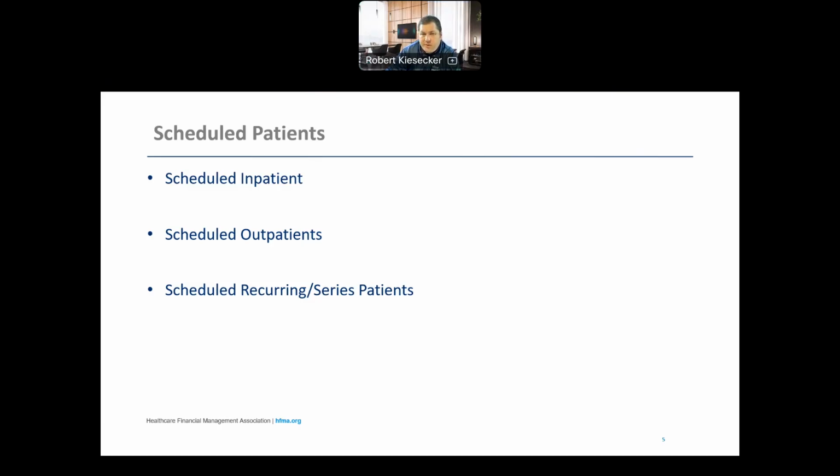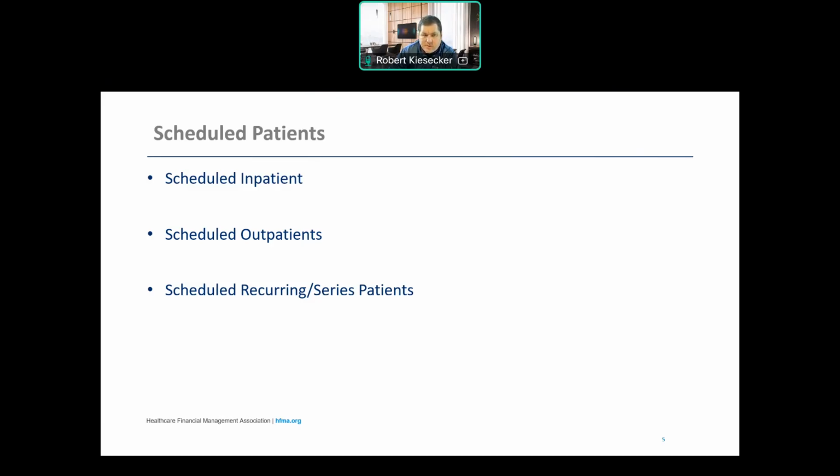One of the nuances with scheduling patients is we like to schedule services that we know are going to be high dollar or going to require significant pre-processing or resources, because we want to account for that and make sure that we've got everything in place to not just take care of the patient, but also to make sure that we're safe and that we have a good outcome.